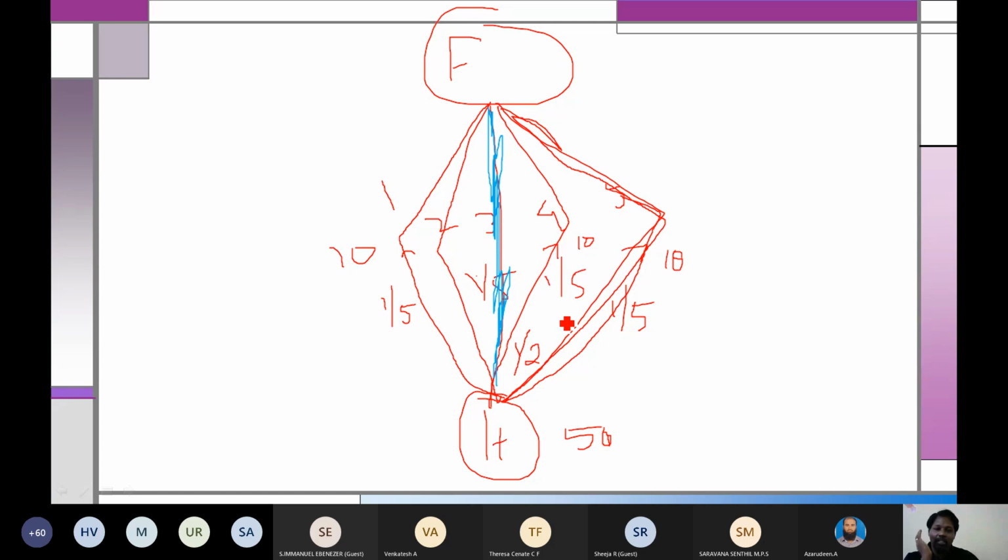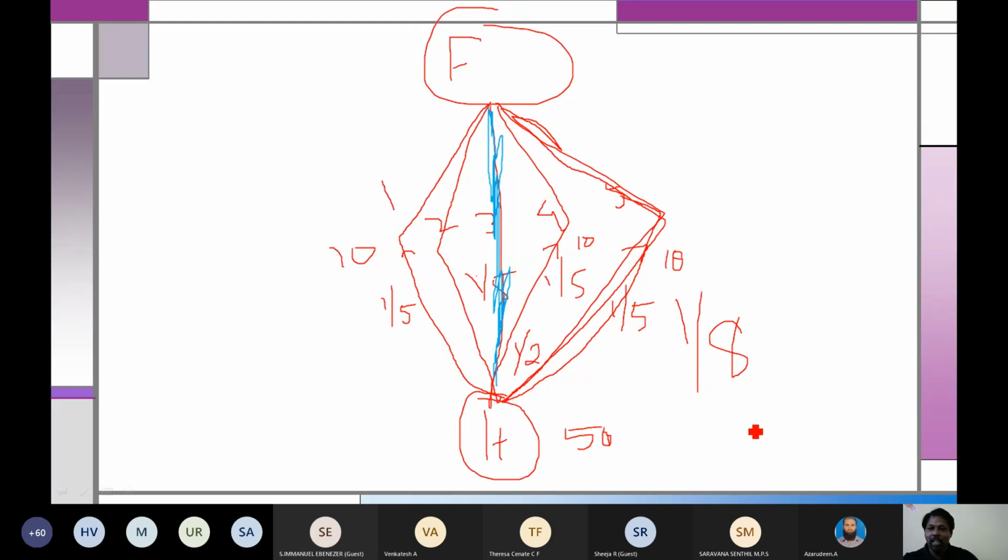And path 5, which initially had a probability of 1 by 5, may reduce to 1 by 8. I'm just putting 1 by 8 to show a reduction; the value depends upon the calculations. So the probability of taking the third path is 1 by 2, and the probability of taking the fifth path is 1 by 8.